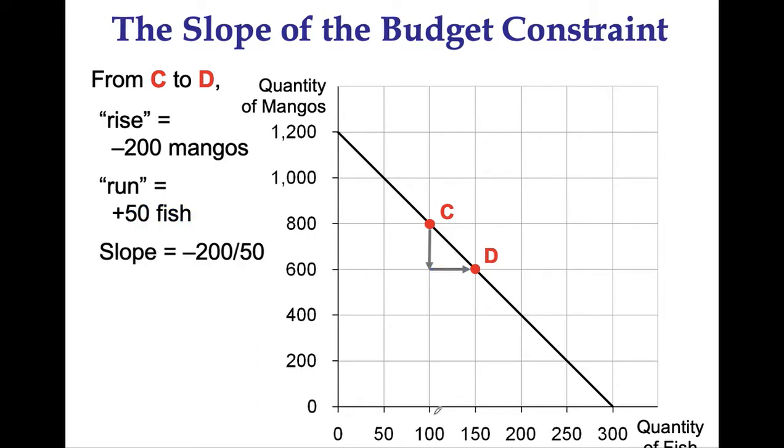So we can then compute the slope of this curve, which is minus 200 over 50, and we get minus 4. So obviously the curve has a negative slope.